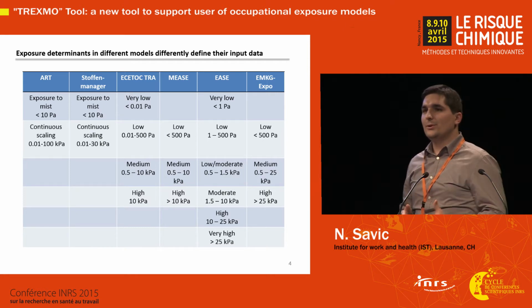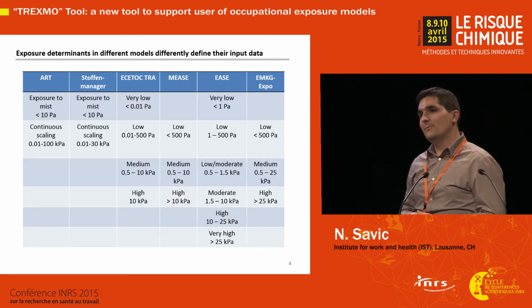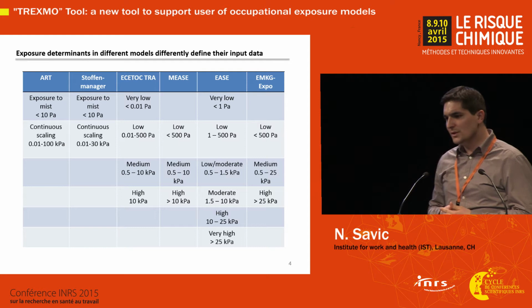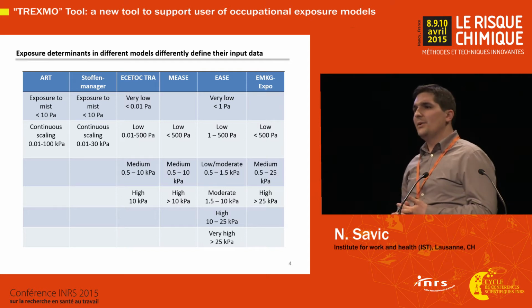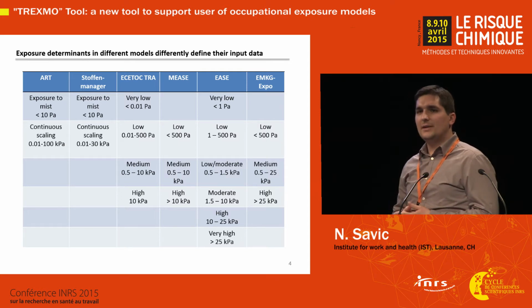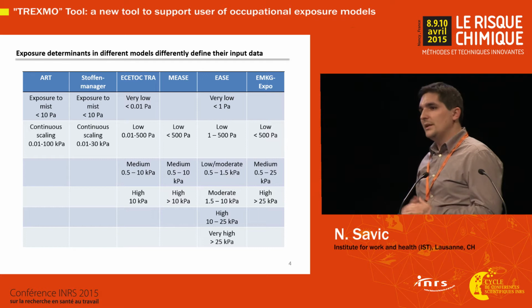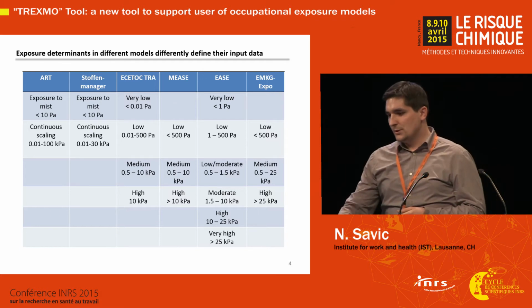So we have different interpretation, and the final consequence is a variety of results obtained for the same exposure scenario, described or coded by different users in some of the models.